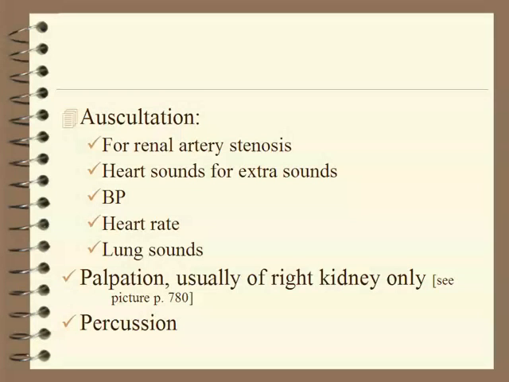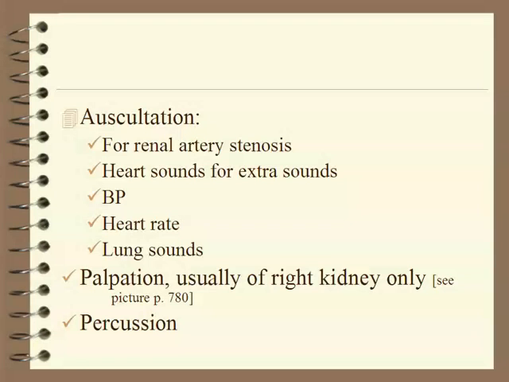Now, palpation, you can only do that of the right kidney because the left is hidden by the ribs, so you can't really get at that. But the right you can. And there's a picture of how to do that on page 780.